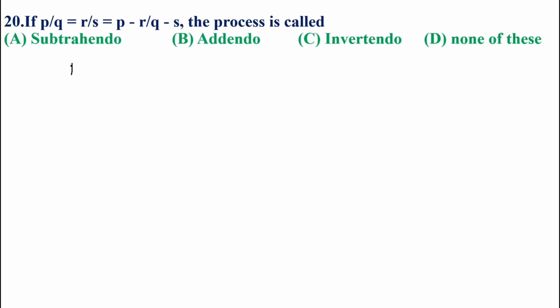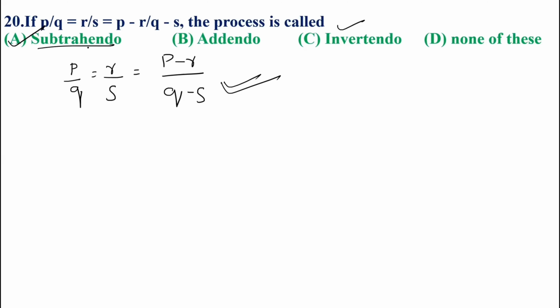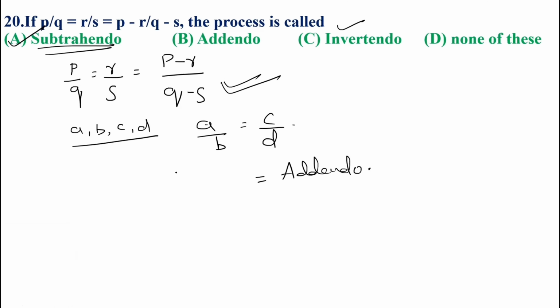They have given P by Q is equal to R by S is equal to P minus R by Q minus S. This is called subtrahendo. For example, A, B, C, D are in proportion, meaning A by B is equal to C by D. So A plus C by B plus D is called addendo.